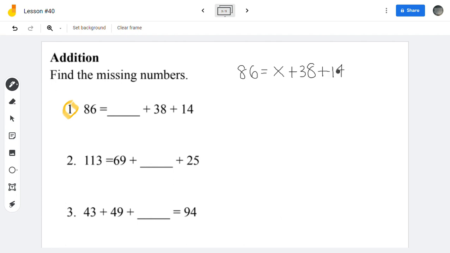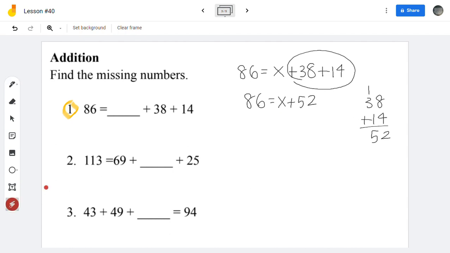Now to make it easier, I like to just add these two together and simplify the right side. So I'm going to add these together on the right side. You'll be left with x plus 52. Now to isolate the x value, you have to get rid of this plus 52, and in order to get rid of that plus 52, you're going to subtract 52 from both sides.